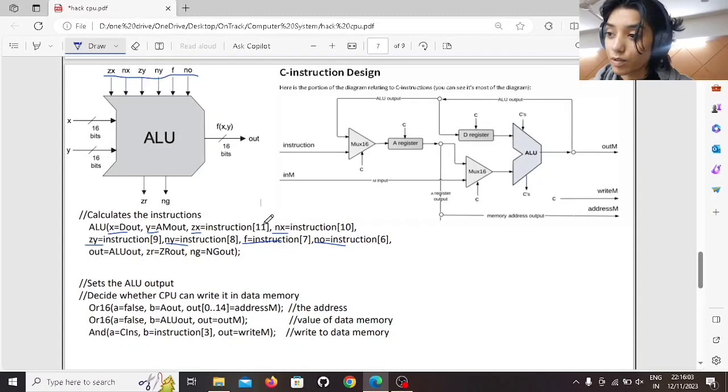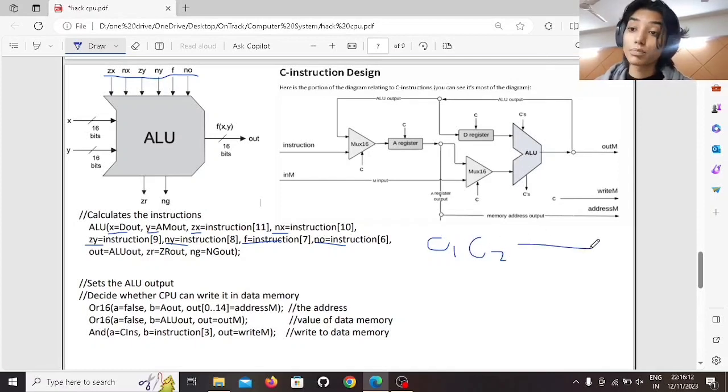They will be C1, C2, C3, and up to C6. That's what the instructions are over here. And X, as I told you earlier, is always going to be from the D register, and Y could be from the A register, and that's why we have given the name A and M out.